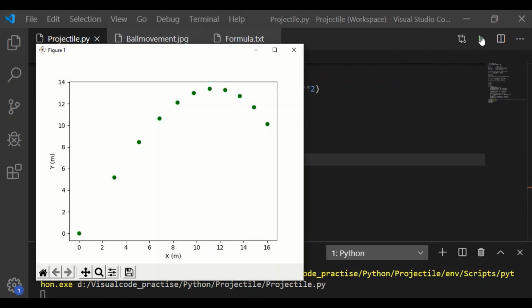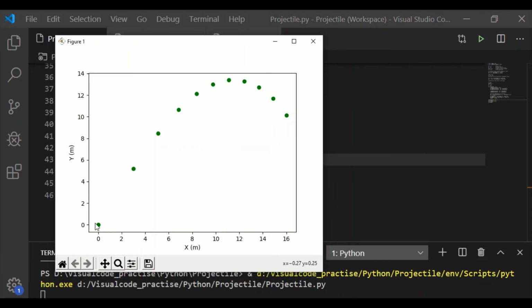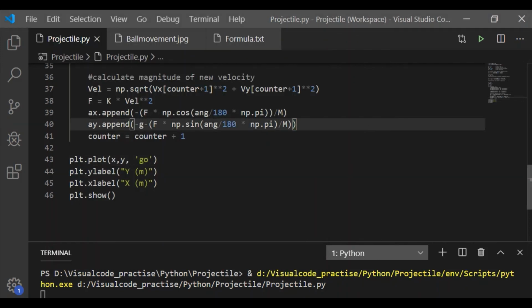So we will plot it as a green circle. We can see that this is the range of projectile of the ball movement at delta t 0.2, but the ball has not hit the ground because we have taken only the count value for 10 times.